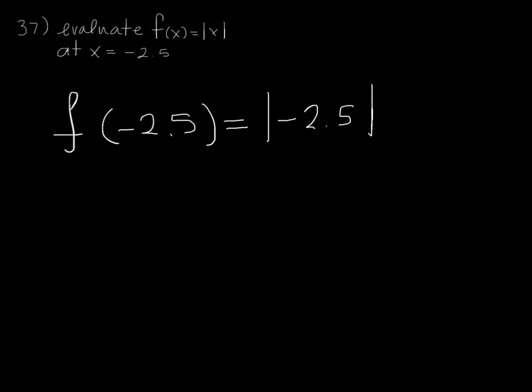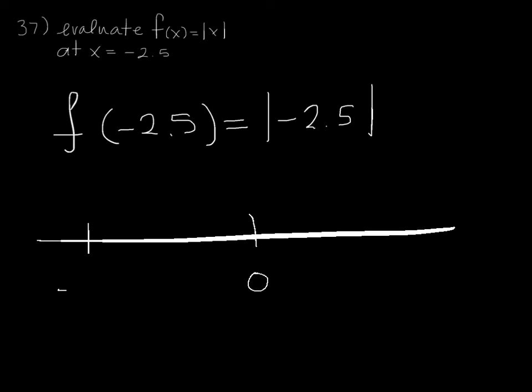And the absolute value function is asking you how far away is this value from 0 on the number line. Specifically, if we have a number line, and here's 0, here's negative 2.5, and we're asking for this distance here. The distance is 2.5 units. Distance is always positive, and the distance between these two values is 2.5. So, on one hand, this equals 2.5.